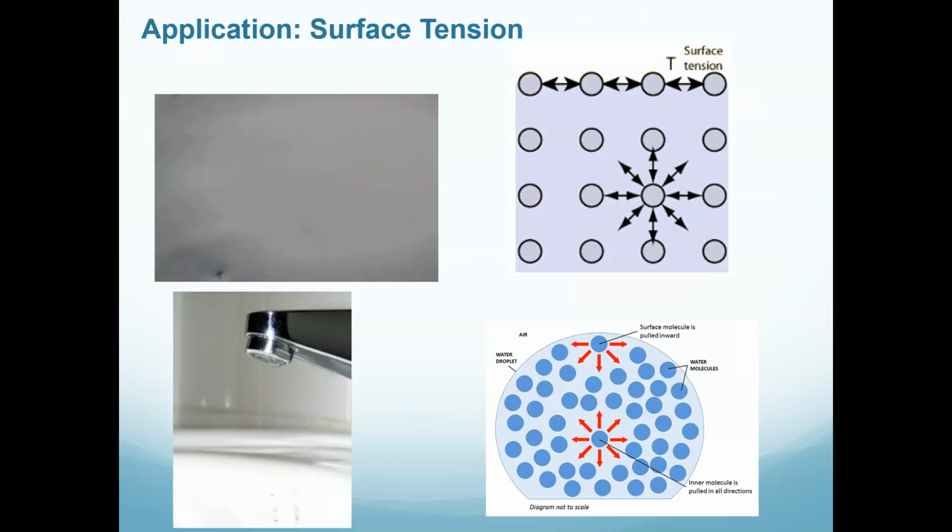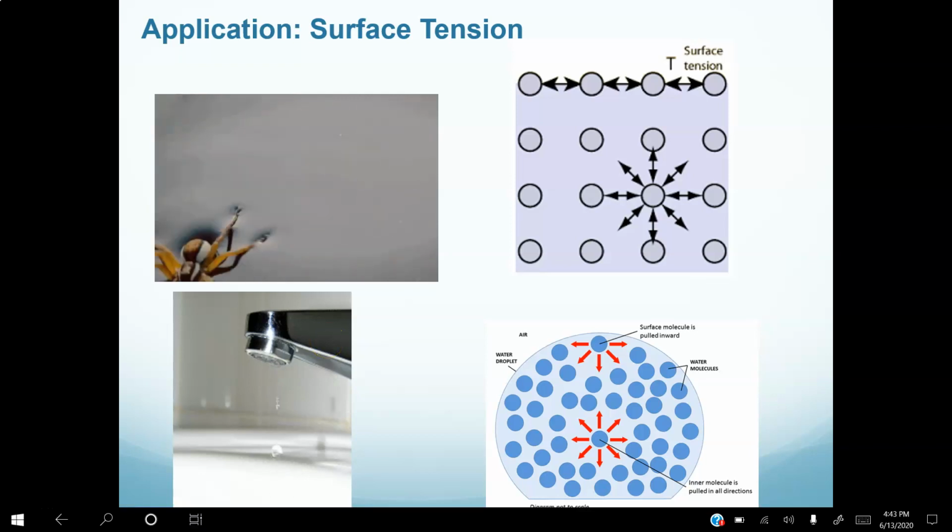And one application of this is surface tension. It's the reason why the spider can walk across the water. It's the reason why the drips coming out of a sink have a round shape. It's because of surface tension, and it's because of hydrogen bonding. Here's a picture of what's going on.